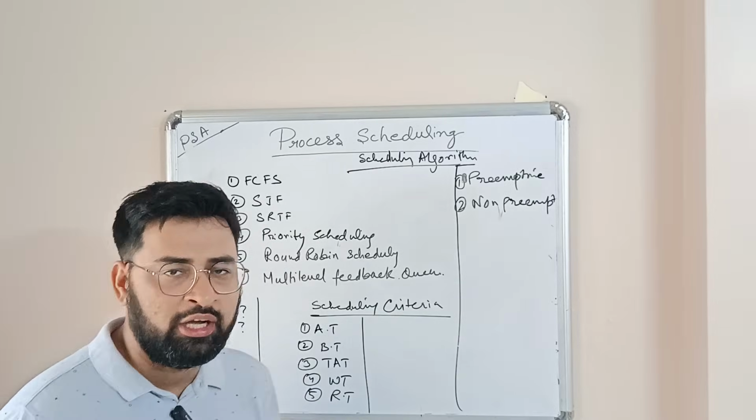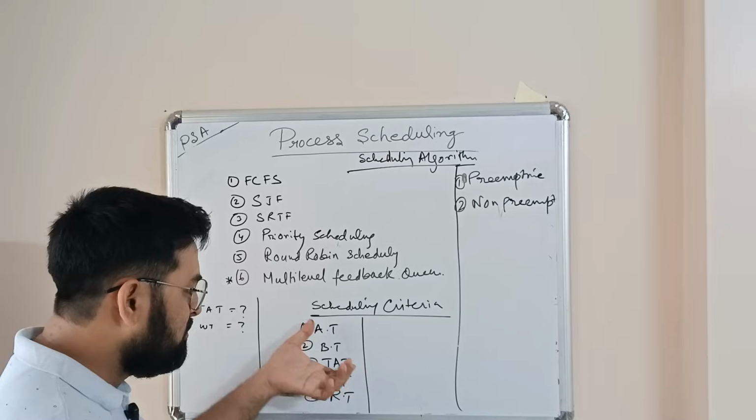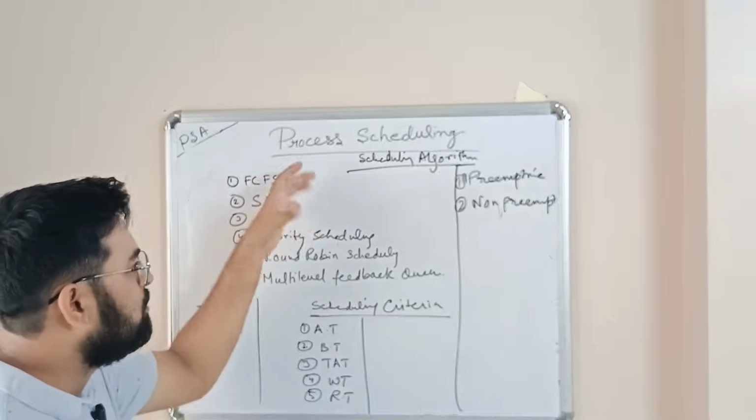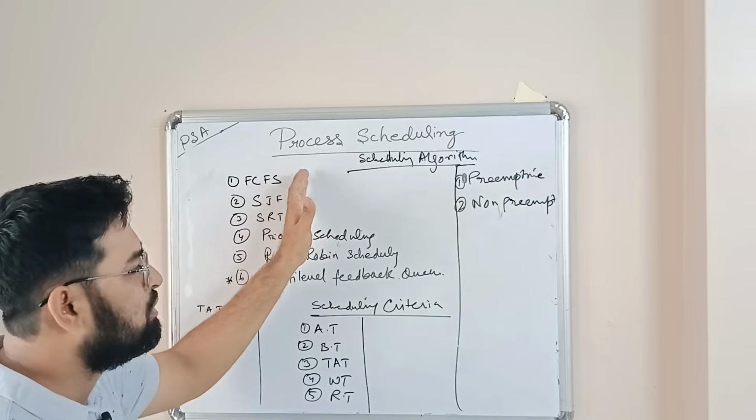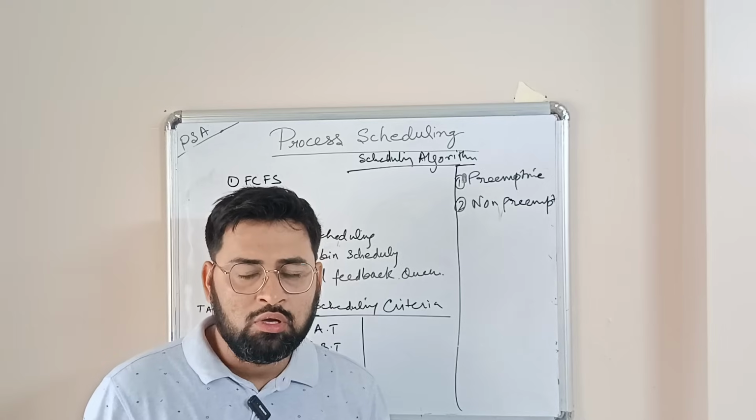First one is arrival time. Second one is burst time. Third one is turnaround time. Fourth one we have waiting time. Fifth one we have response time. These are the important scheduling criteria. From these sections, you have to answer based on these scheduling algorithms.